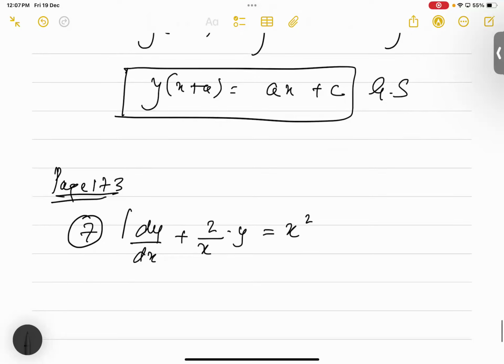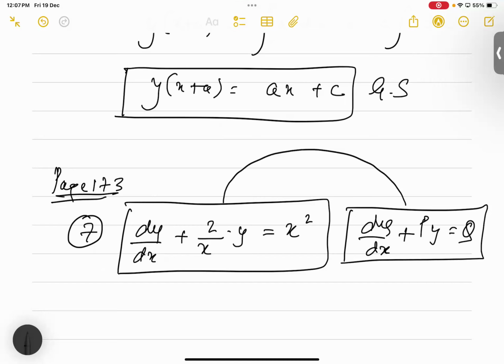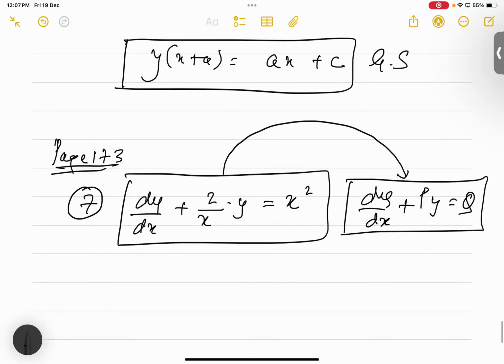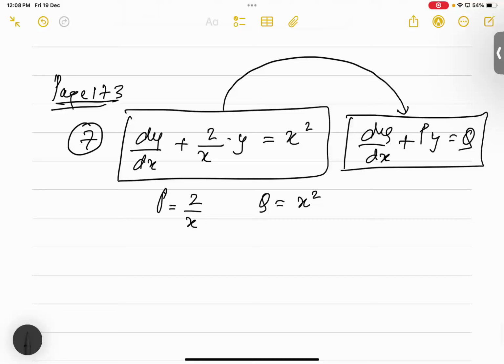A very simple problem, not that complicated one. dy by dx plus py is equal to q. So what is p? What is q? x square. p is 2 upon x and q is x square.